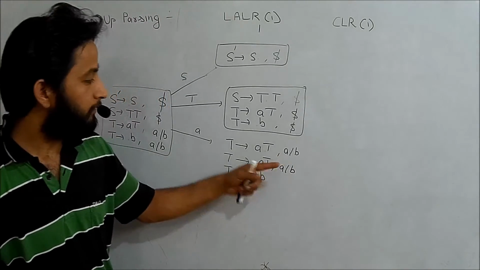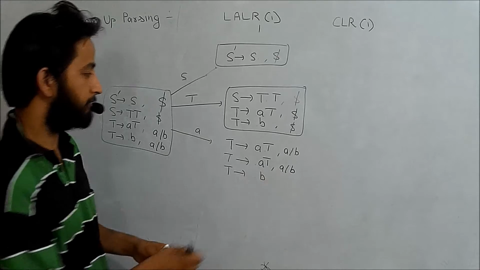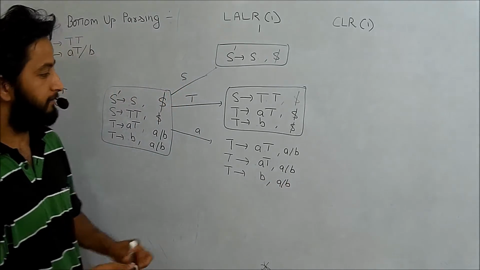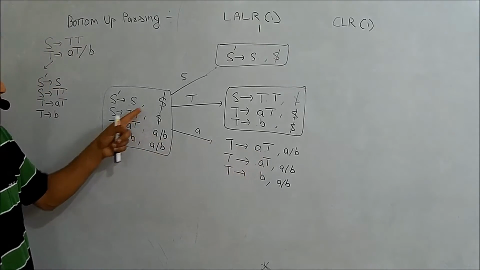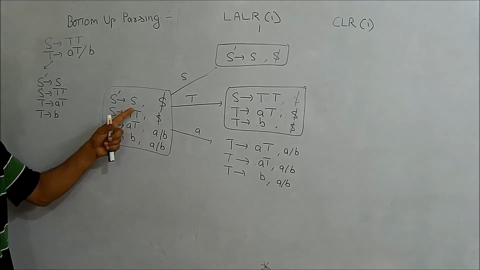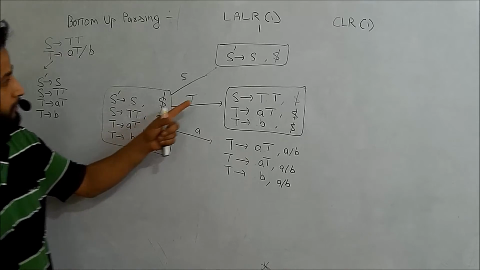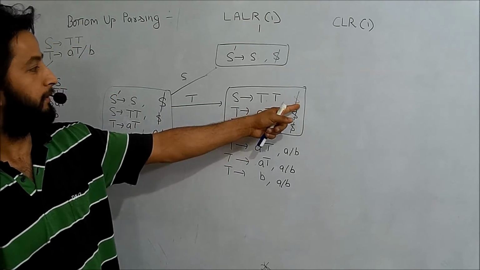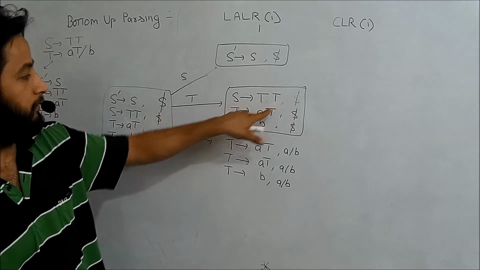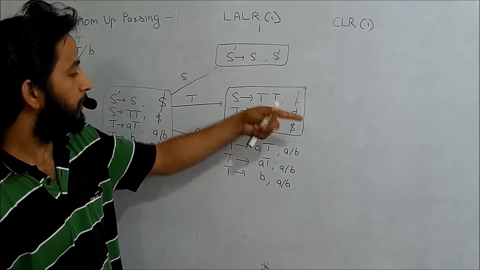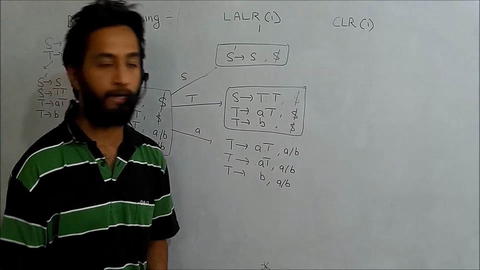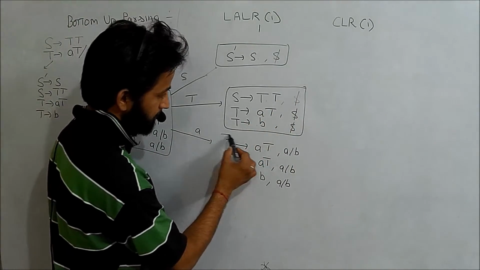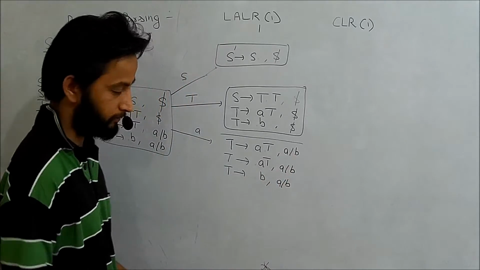So I will add the look ahead same as in the previous. Here also it will be the same. Here is dollar, because this one is the last production that we have added, and up to this point there is nothing. So I will add the look ahead same as for this. Okay, so this is over for that.